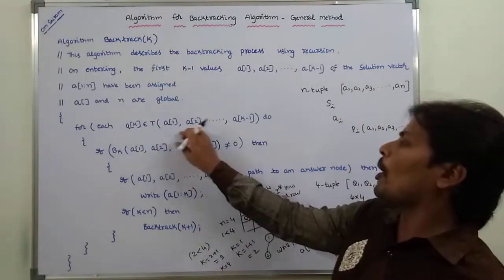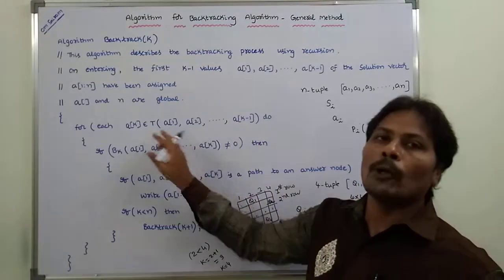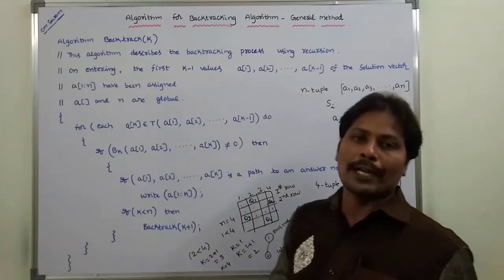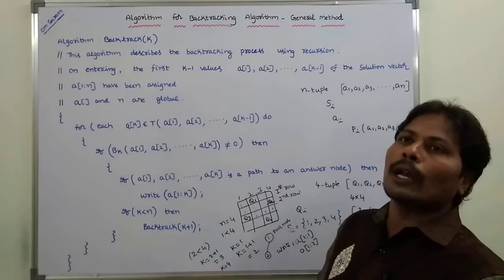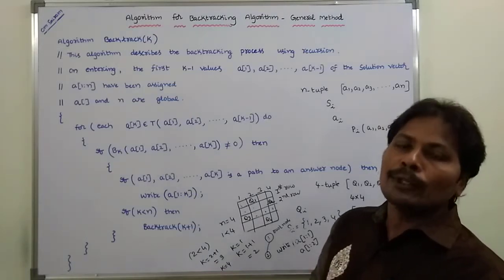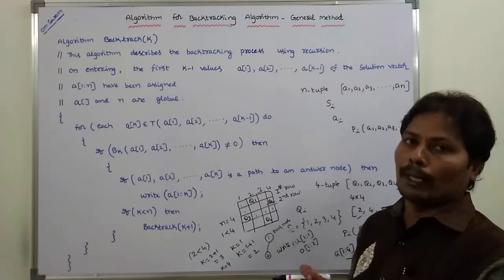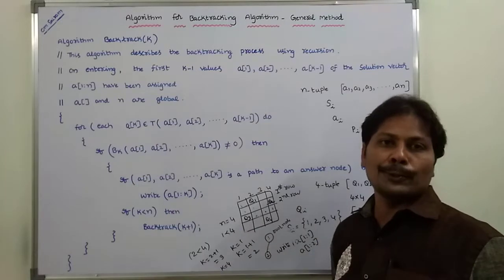What are the possible values for queen 2? Once we are getting the possible value for queen 2, we check if it satisfies the bounding function or not. If it satisfies the bounding function, we have to draw the state space tree from root node to the second queen column number. Once we are getting, write a of 1 to 2.